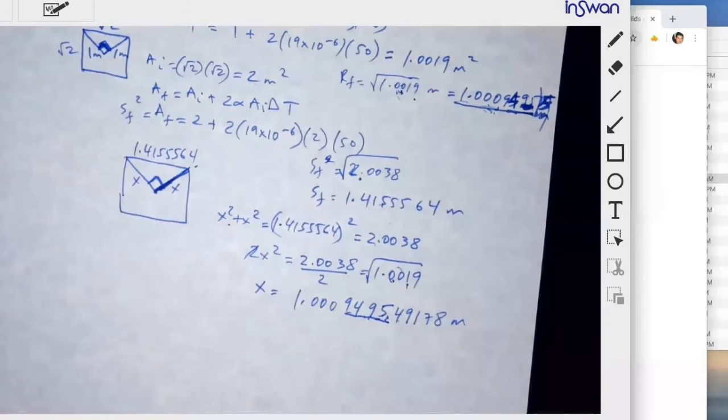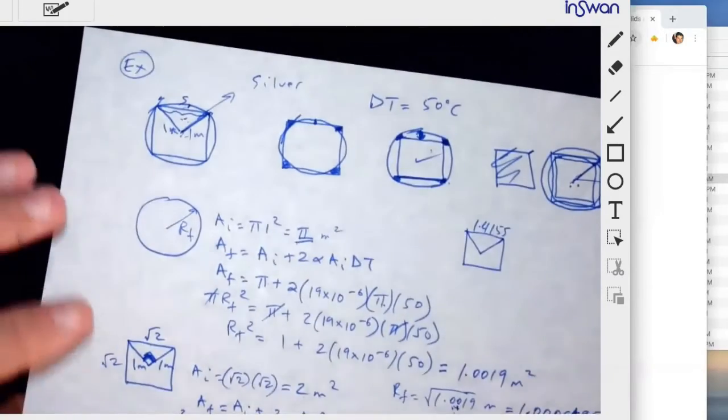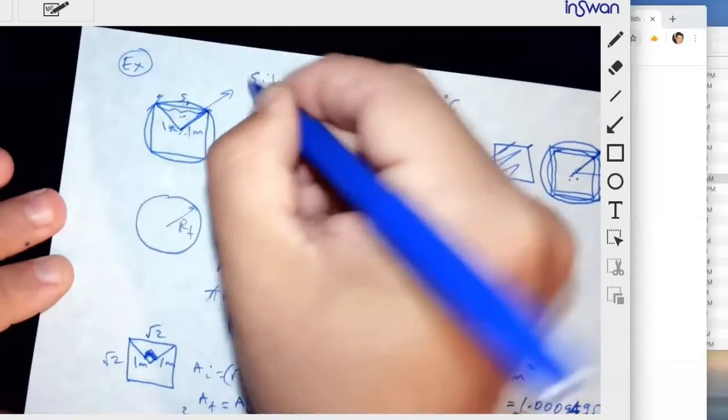Sometimes you get a surprising result like that, but then you try to explain what that means, right? And the result we got could change if it were a different material. Yeah, if they're different materials, that's going to change the whole thing. Let's make one of them a different material.